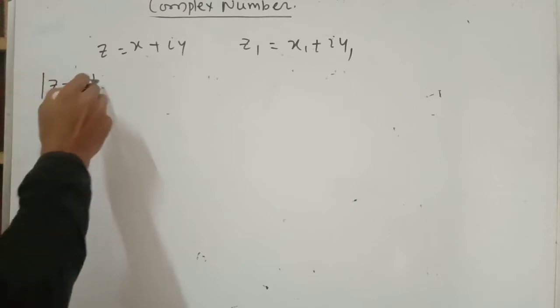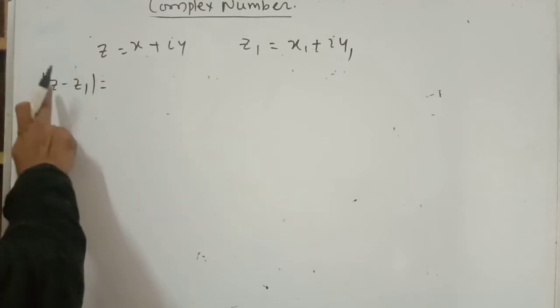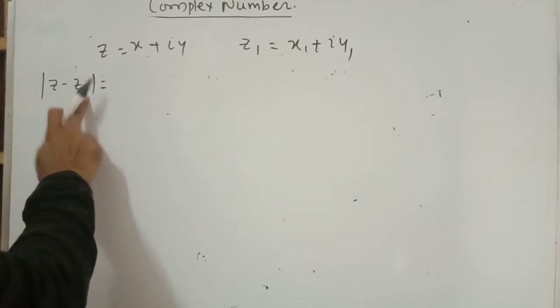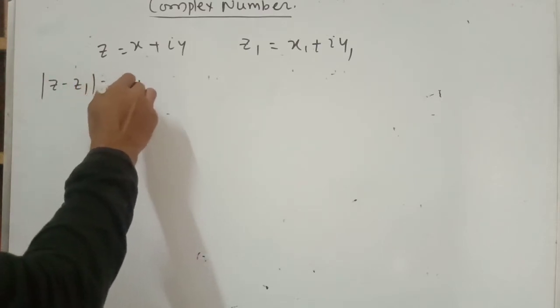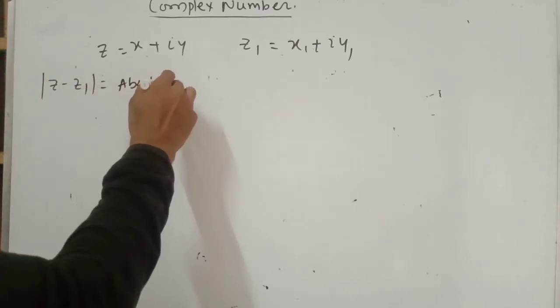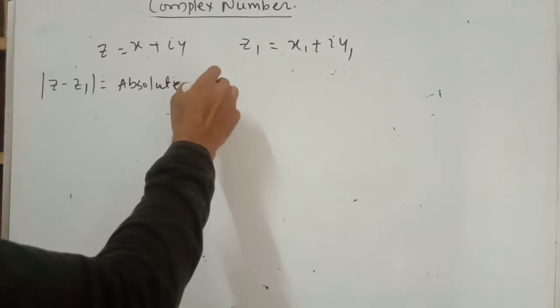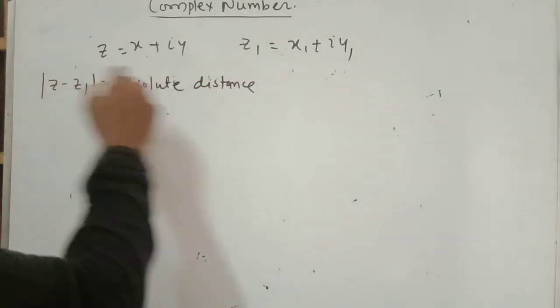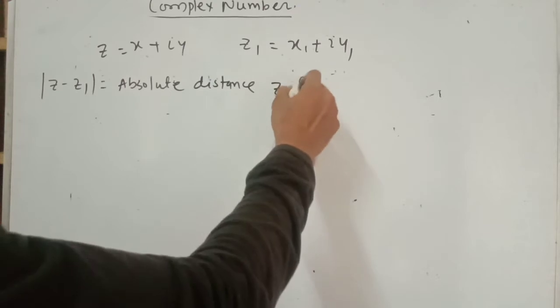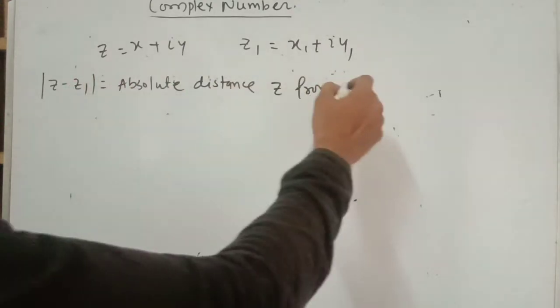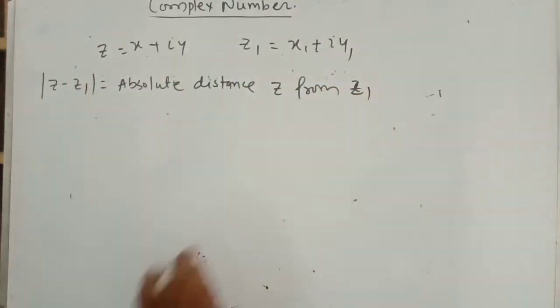I already told you the meaning of this: the distance of z from z1, the absolute distance of complex number z from complex number z1.